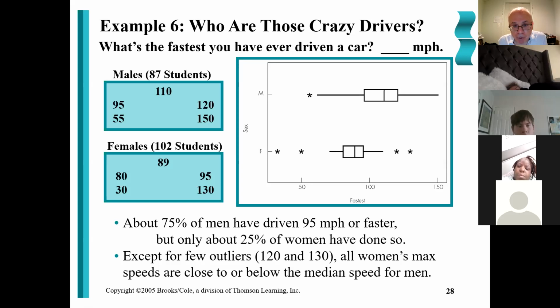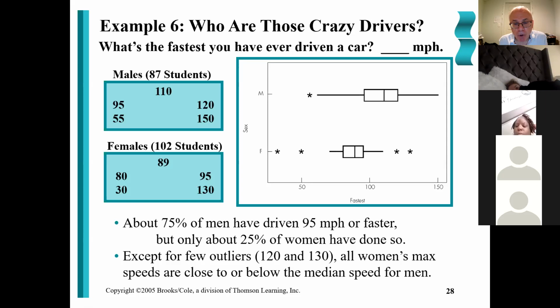Here's a question for you. It's a yes/no question. Is the upper quartile for the females equal to the lower quartile for males? Or does it seem that way? Is the upper quartile for females the same as the lower quartile for males?